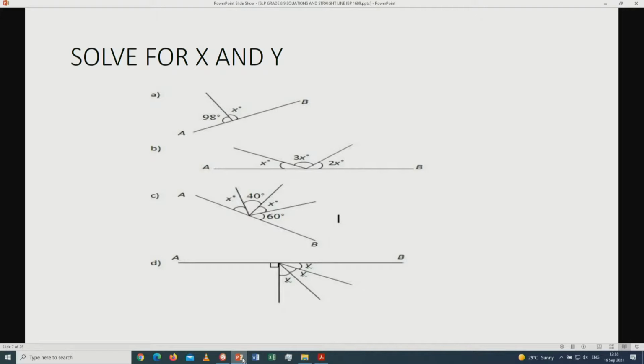Maybe we should give you an opportunity. You work at it. Look at your straight line. Look at the vertically opposite angles, if there are any. Try and solve for X and Y. We'll also give you a break to work on this one, and then we'll meet in the next section.